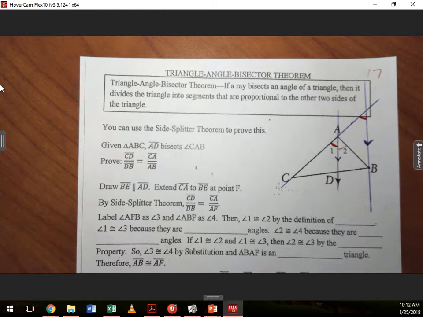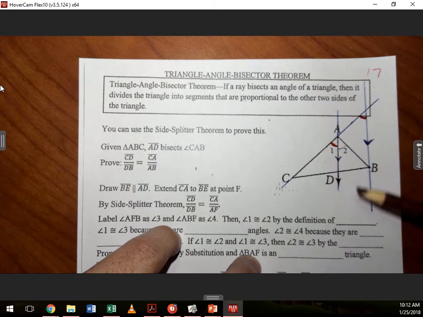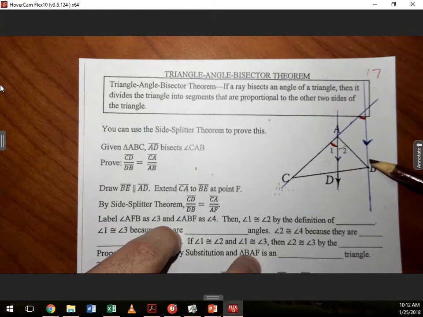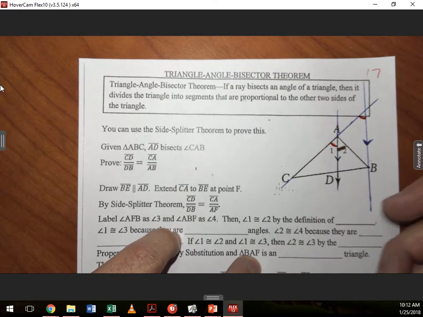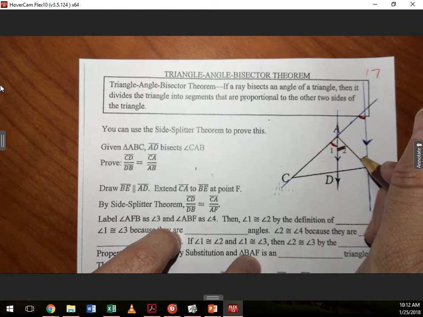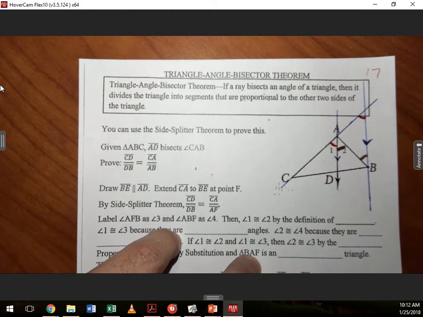Okay, so now I know that if this is a transversal in between these two parallel lines, this one right here, that I'm going to do in brown, and this one right here will also be congruent. Why are these two right here going to be congruent? Very good. Alternate interior angles. So these are alternate interior angles here.